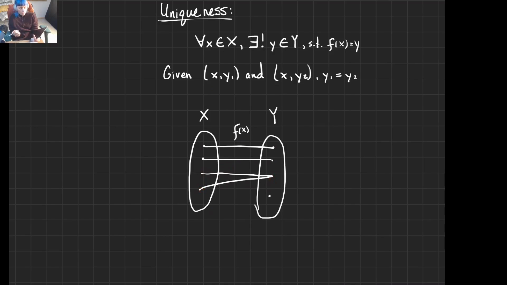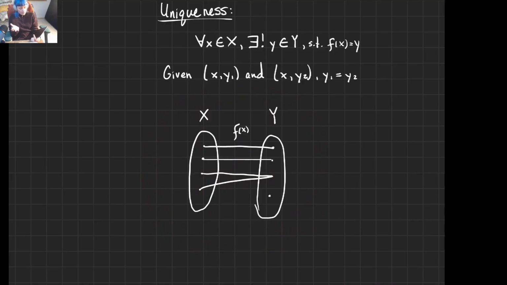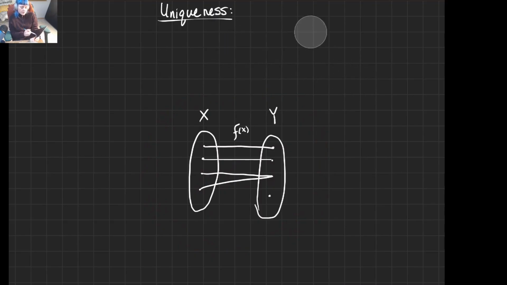All right, so now we have shown that this function exists and it's unique because it satisfies the existence and uniqueness property of a function. So now we know that f of x is indeed a function. So now that we know it's a function, is it bijective? Does it have an inverse function so that we can go back and forth from the domain to the range and vice versa?